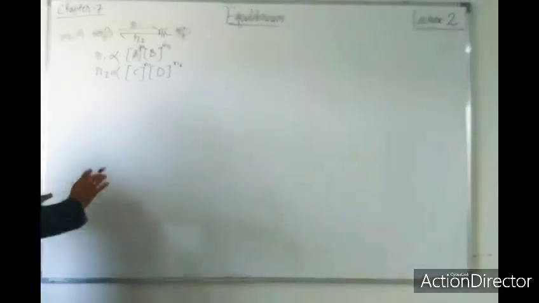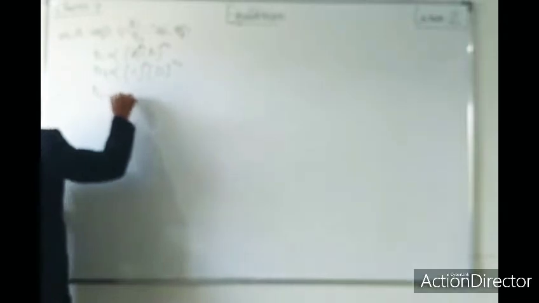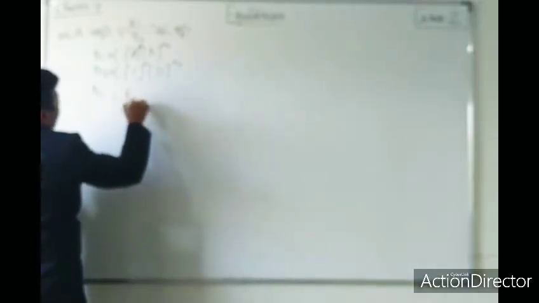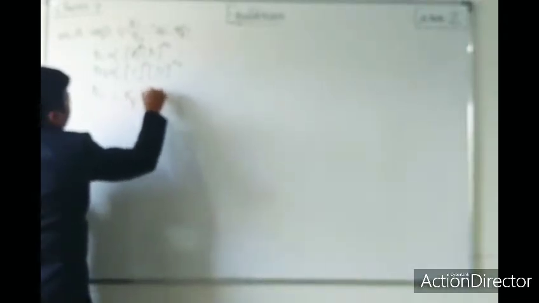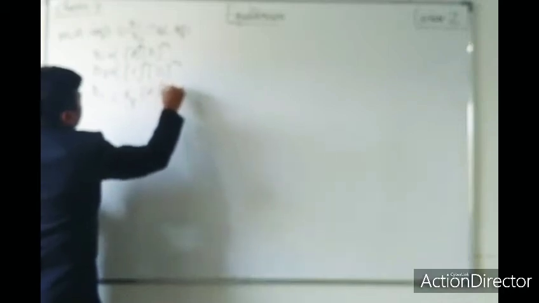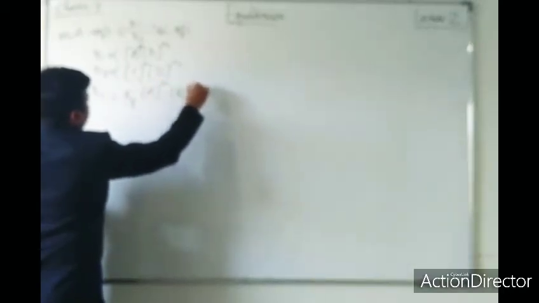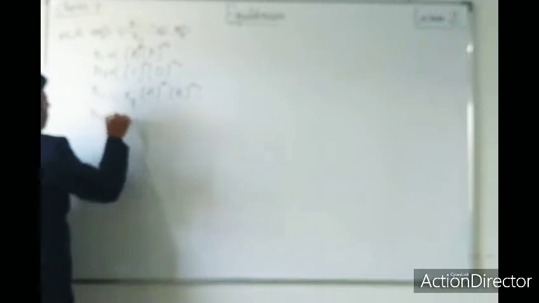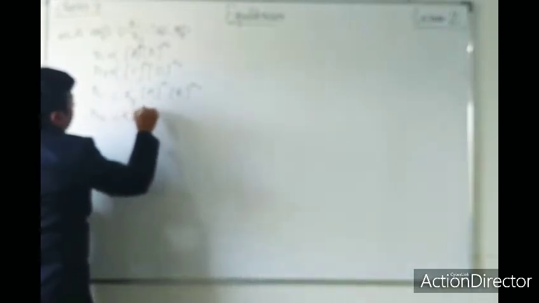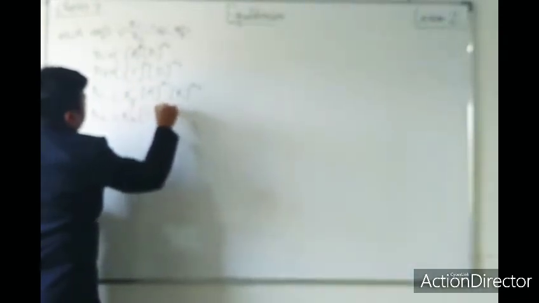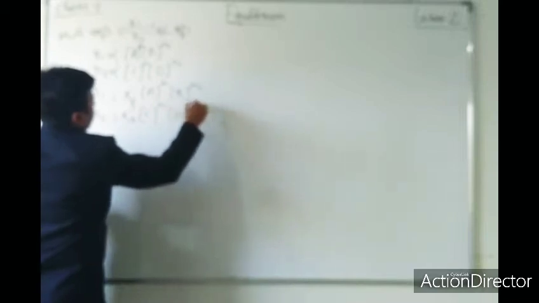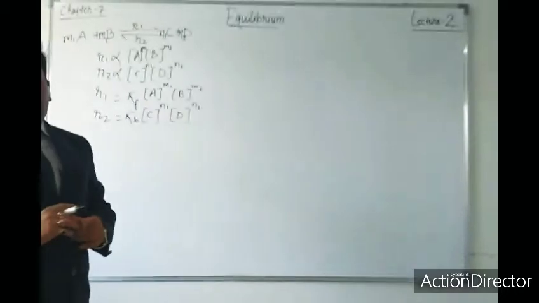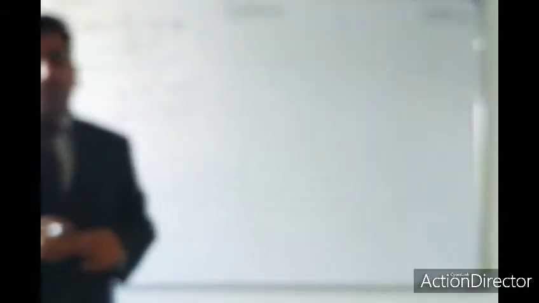So not an issue. What we have done: R1 is equal to K, this was the forward reaction, concentration of A to the power M1 into concentration of B to the power M2. And R2 was the backward reaction, so with its constant, it is C to the power N1 and D to the power N2. After understanding the constants, what did we do?